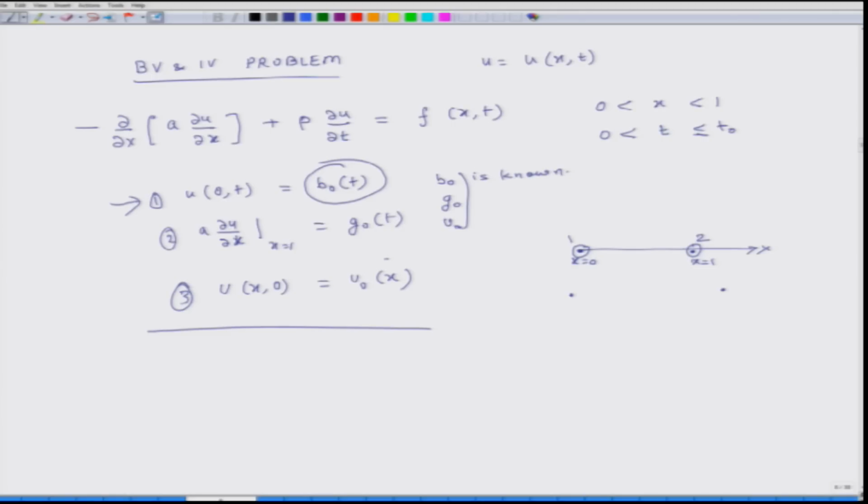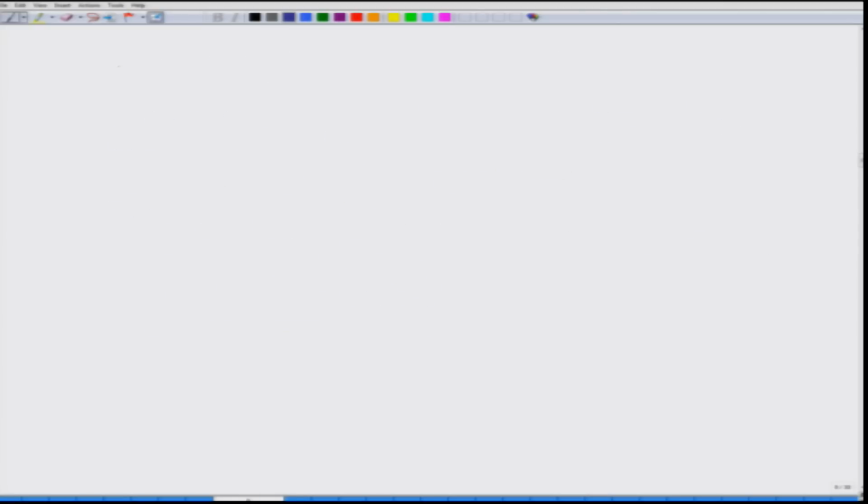If this u0 of x was 0, then it would be a homogeneous boundary condition. If it is non-zero, then it is a non-homogeneous boundary condition. The last thing we will talk about is the eigenvalue problem, EVP. We have talked about BVP, IVP, BVP plus IVP, and the last one is the eigenvalue problem.